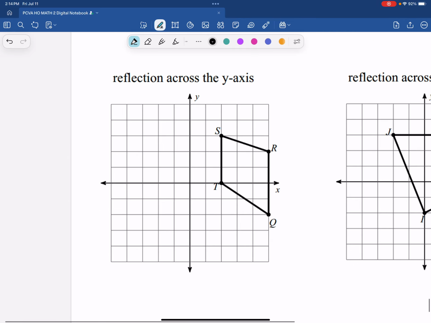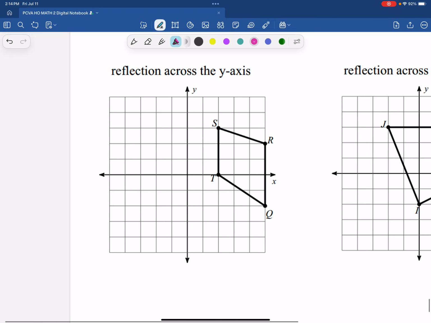All right. So then we have a reflection over the y-axis. So if it's a reflection over the y-axis, that's going to be a vertical line. We can very easily do that distance that we did before. So S is 2 units from the line, so this is going to be S prime. T is also 2 units, so that's going to be T prime.